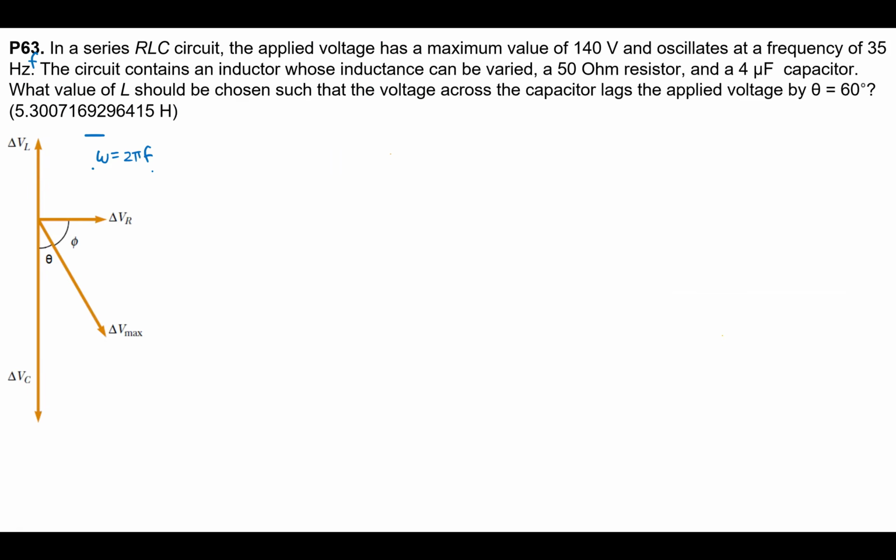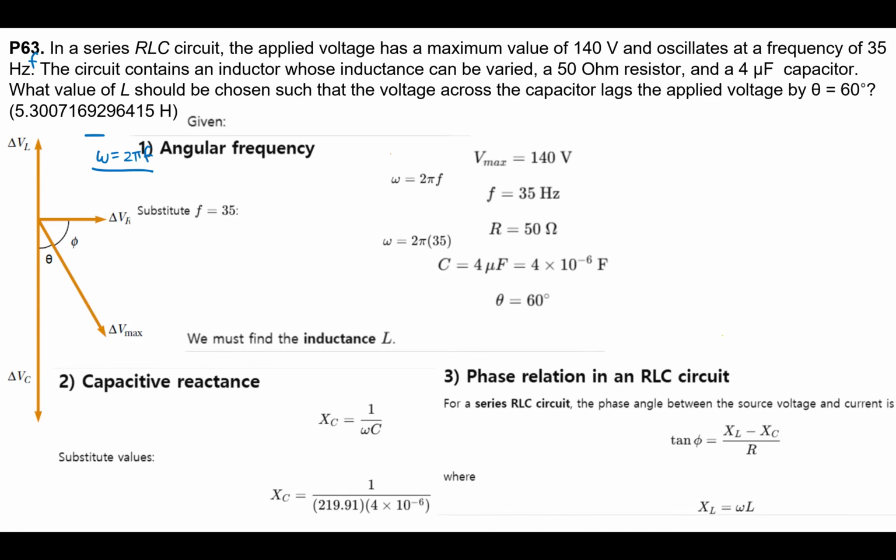That is the important step you should not miss. So let's find what is given. First, the angular frequency omega is 2 pi f. We have a frequency of 35 hertz, and then we get omega.